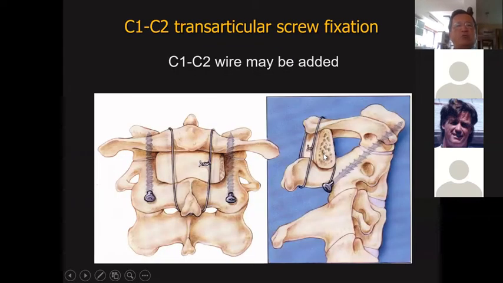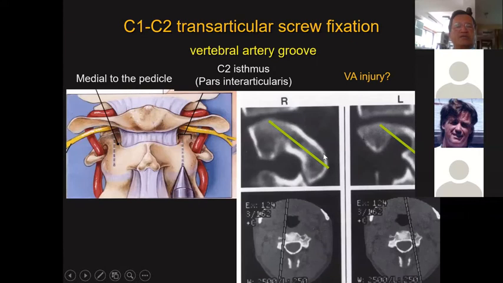According to some anatomical studies, 20% of C2 body architecture do not allow to pass a safe trajectory. I mean, in 20% of the normal population, the vertebral artery will be injured.